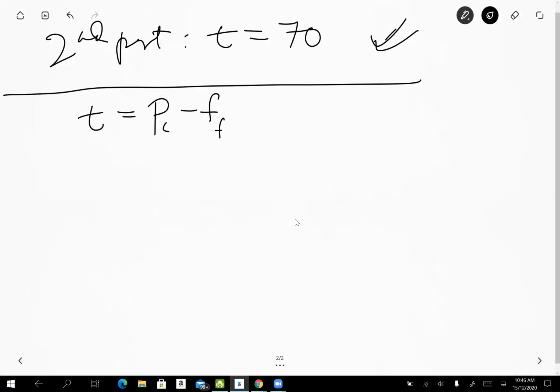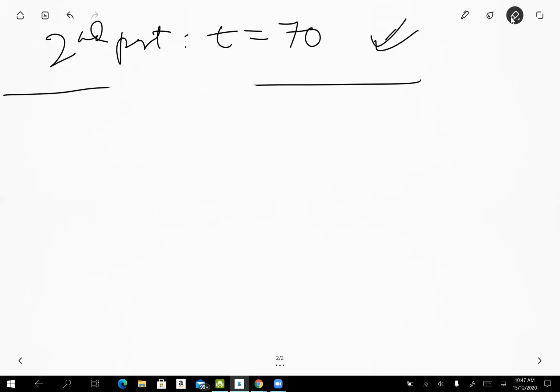I think I need to draw the graph again, because that graph is in the other note, so it is hard to refer to. It's okay, drawing the graph many times helps us understand. This one I don't want to erase. I think we are already clear on that. So I draw the graph which we had earlier.